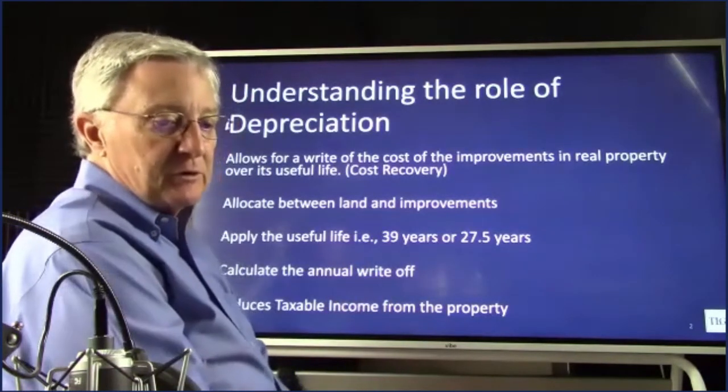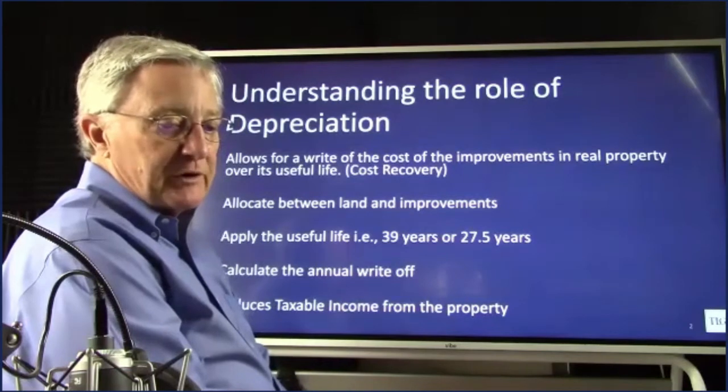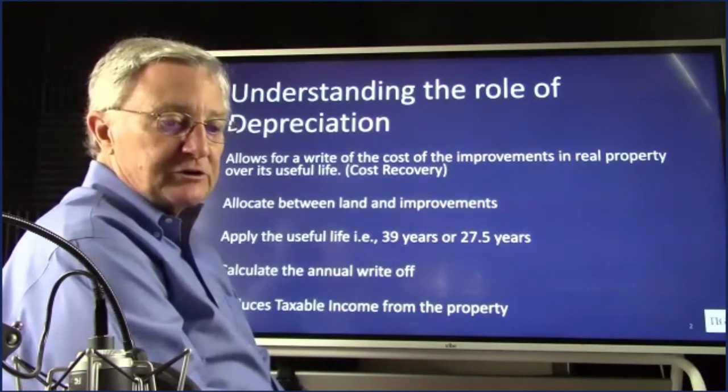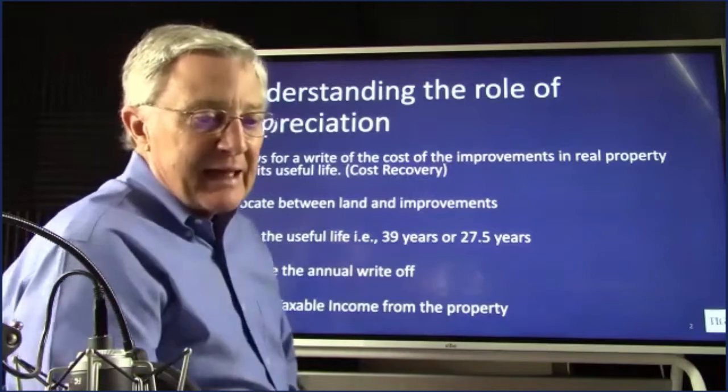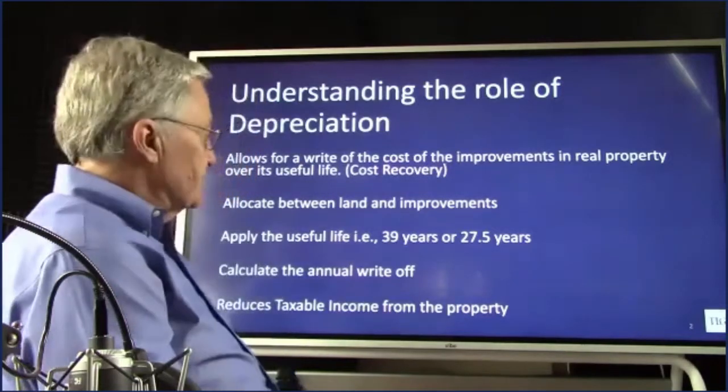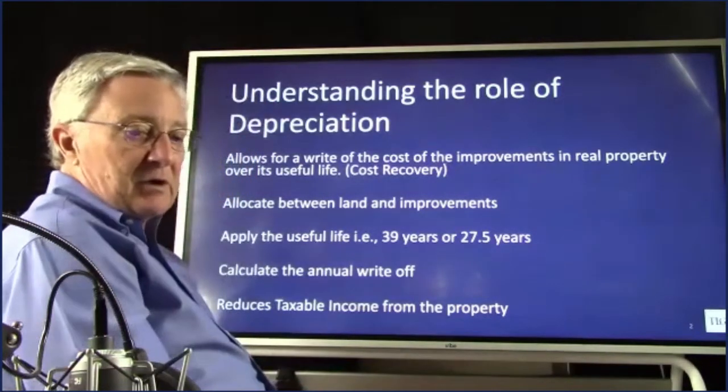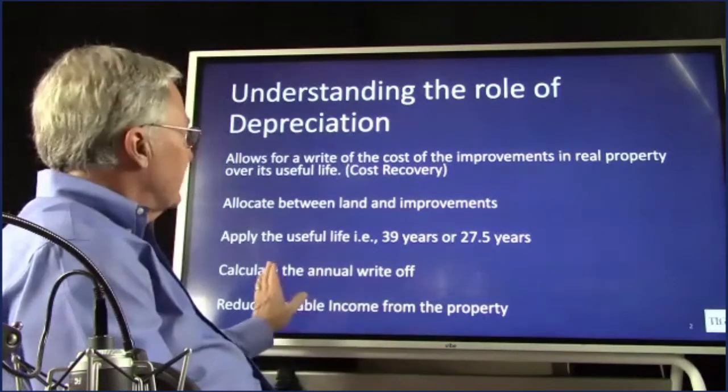Then after you know what the useful life is, we calculate the annual write-off you're allowed, and that annual write-off reduces the taxable income from the property. So let's see how that works.